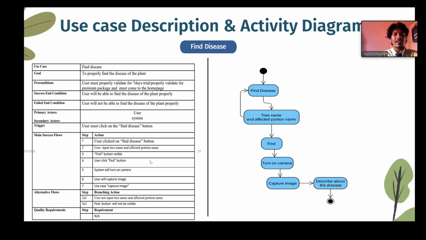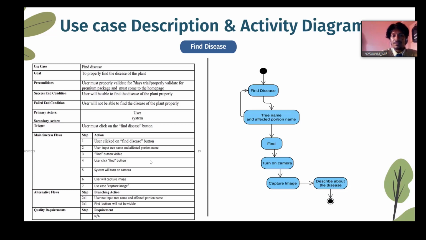At first user clicks on the find disease button, then user has to input the tree name and the affected portion name, and the find button will be visible and the user will click on the find button. We look at the activity diagram named find disease to get information about any disease of any kind of plants like flowers or vegetables.